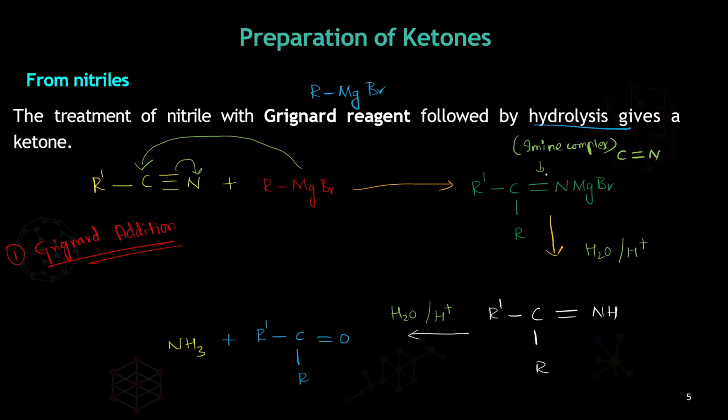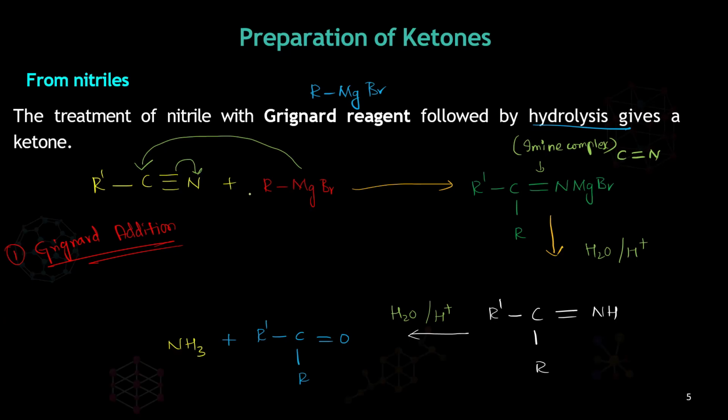Understood? Between the carbon and nitrogen, three bonds are present. In that, one bond will be broken, and the electrons will be shifted to nitrogen. And whatever RMgBr is there will attack the carbon. The MgBr portion will attach to nitrogen, and the R portion will attach to carbon.